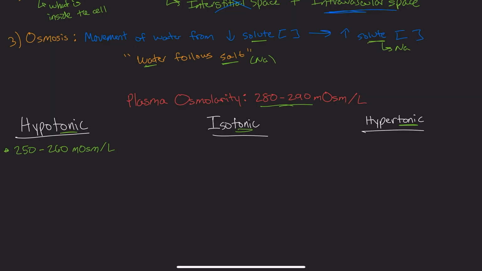Some examples would be half NS, so your 0.45 NS, which is about 154 milliosmoles per liter. Another one would be D5W, which is 253 milliosmoles per liter.